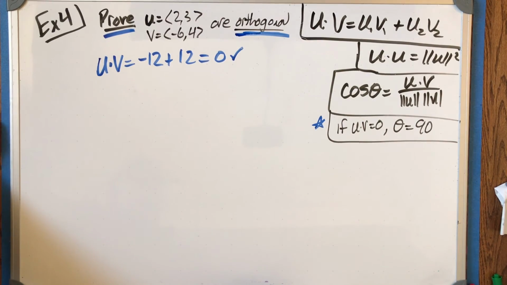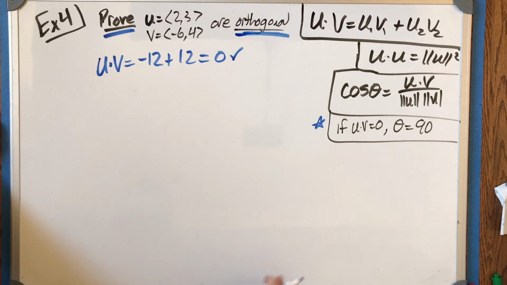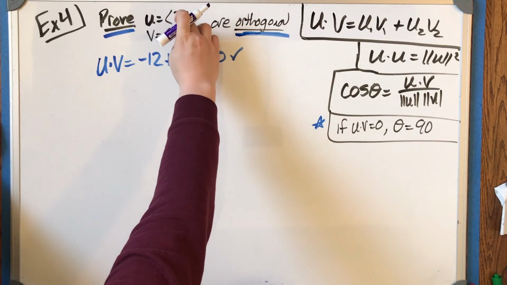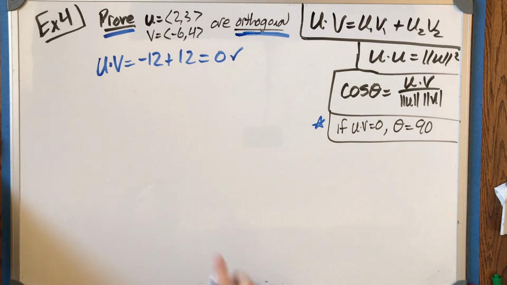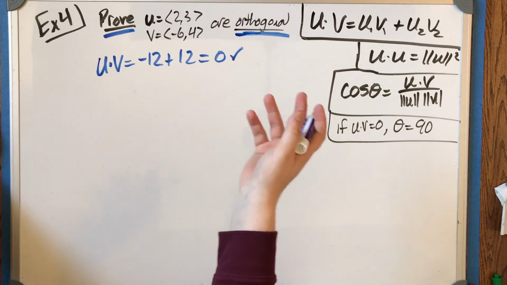Now, if I'm looking for a shortcut to just determine whether they are orthogonal or not, without actually proving it, I can jump back to what we did on Vectors Day 2, where we had that challenge example in the practice problems, where you were using slopes, and we basically turned slopes into vectors. Well, we can do the exact opposite.